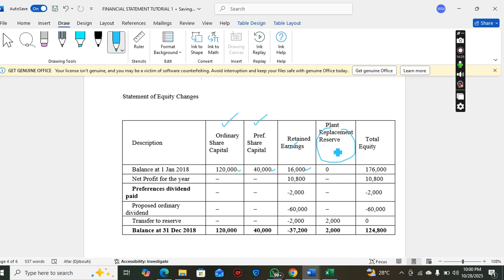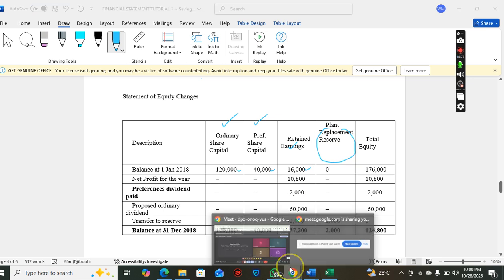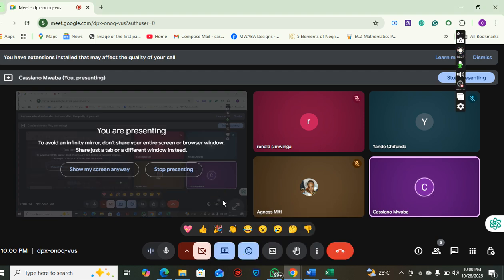Whenever you hear any reserve, colleagues, just know it's money the company has set aside for something. So plant replacement reserve is money set aside for replacing plant.